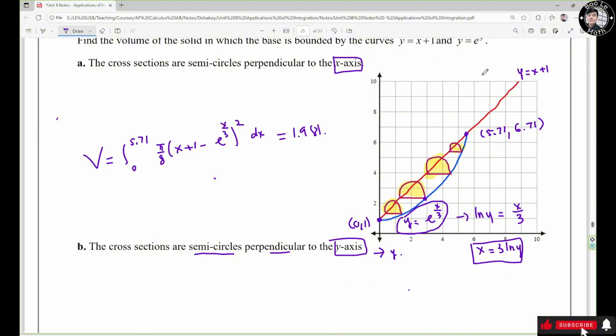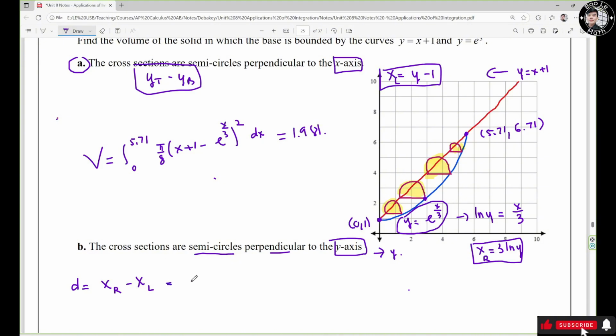Now for this one right here, I need to rewrite it in terms of y. So s equals y minus 1. The diameter is s right subtract s left. This one right here is s right, and this one right here is s left. Remember, when you calculate the diameter in question A, you need to take y top subtract y bottom.